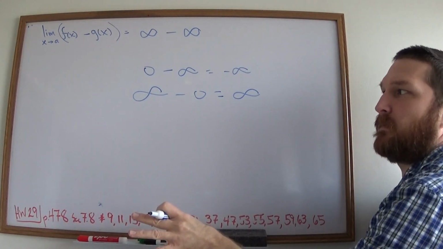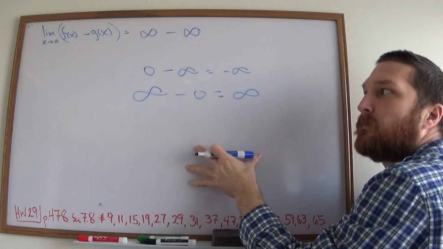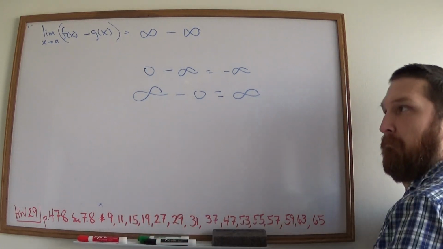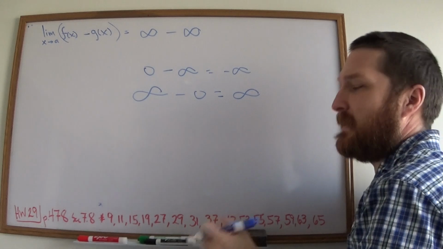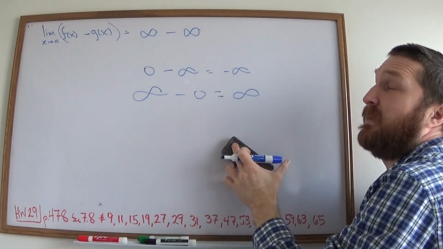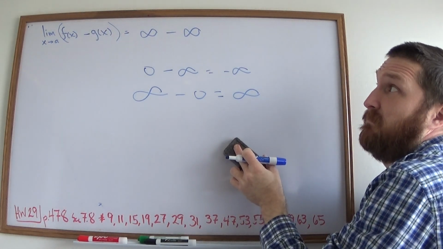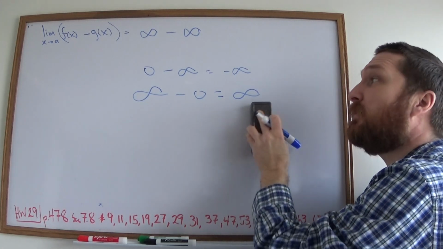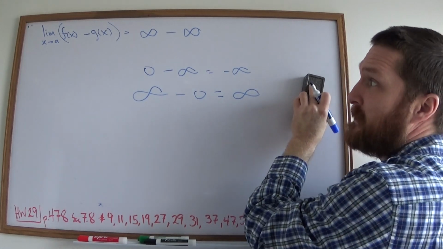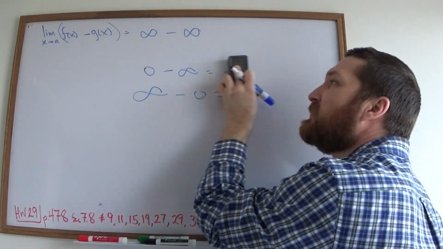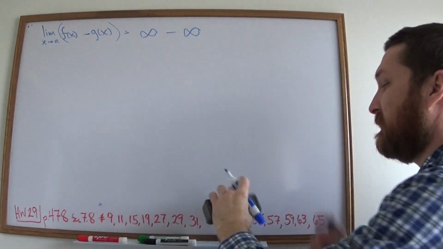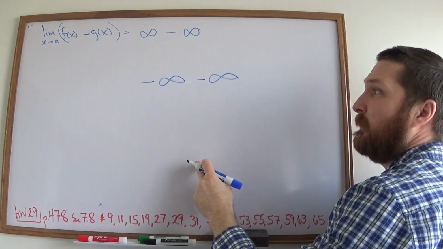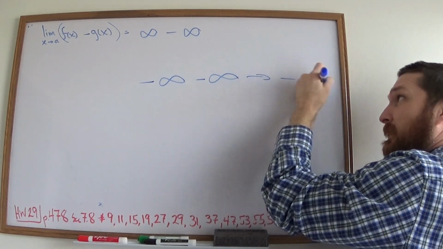That's not indeterminate, that's just what it is. But if they're both going to infinity, at what rate are they going to infinity? It might work out to be infinity, negative infinity, 0, or any number in between. And by the way, minus infinity minus infinity is not indeterminate. That's just going to minus infinity.